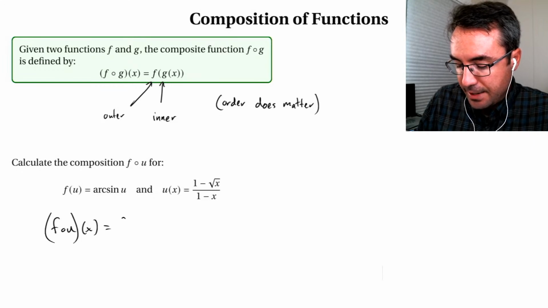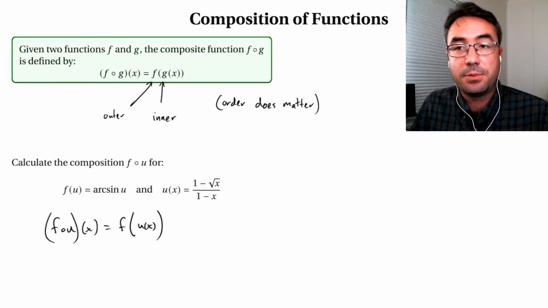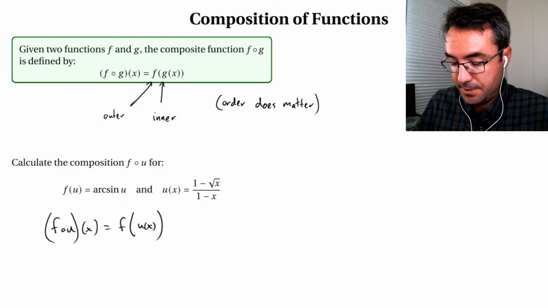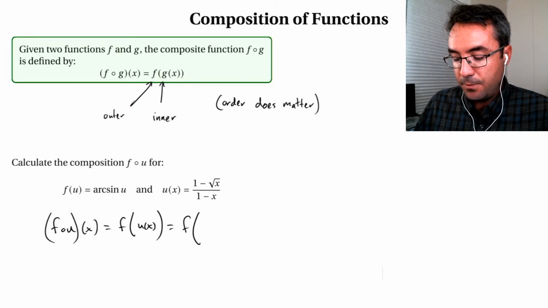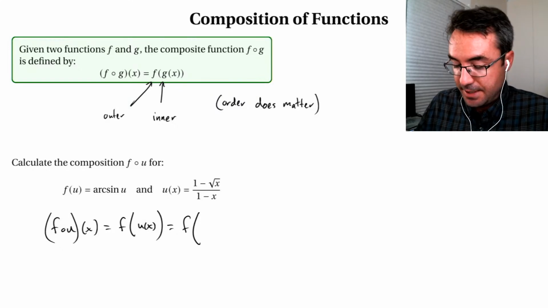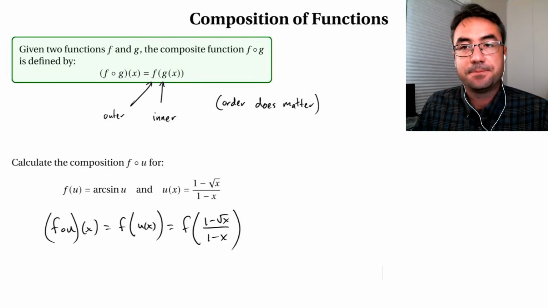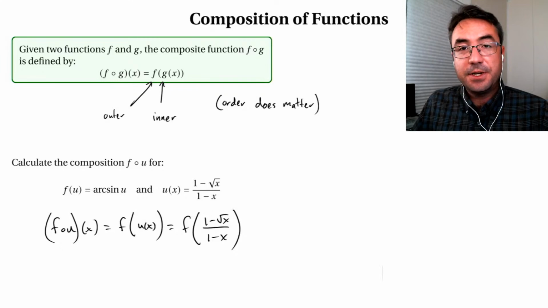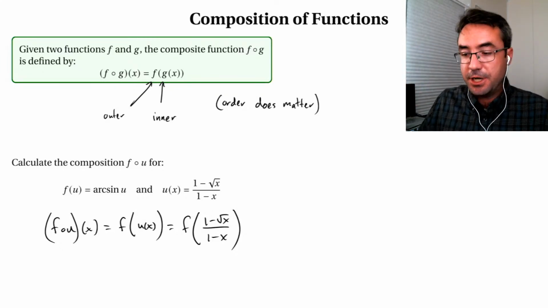So we're going to do f composed with u. The way we do that is we plug x into our inner function first. So we're going to plug x into u first. And let's write in what u of x actually is: 1 minus square root x over 1 minus x. To finish this off, we're going to take that whole fraction and plug it into function f.